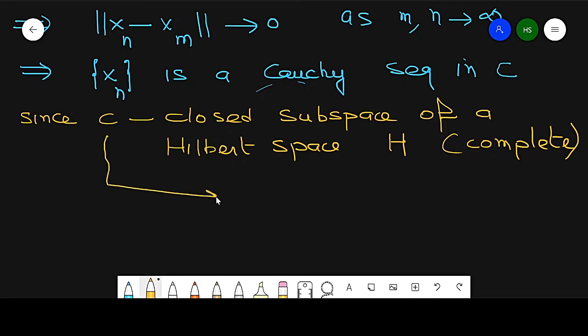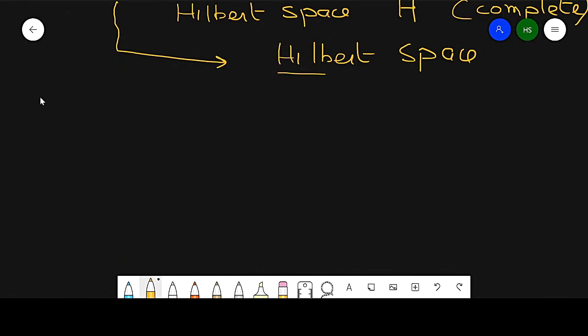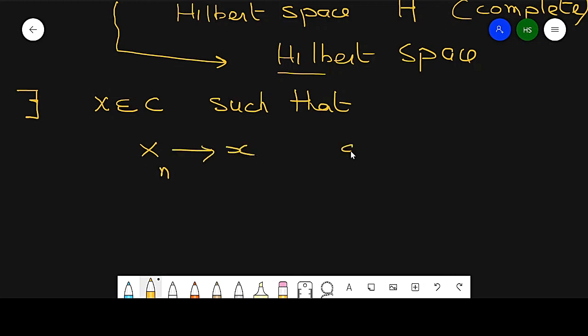So C acts as a Hilbert space, just as a complete space. It means every Cauchy sequence in C is convergent. Since C is complete, there exists x belonging to C such that xn approaches x as n approaches infinity.